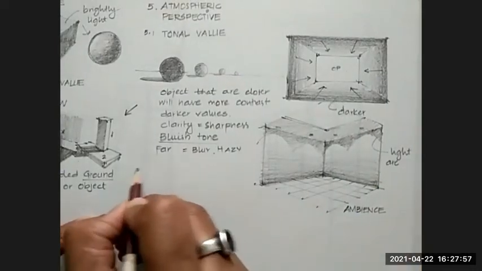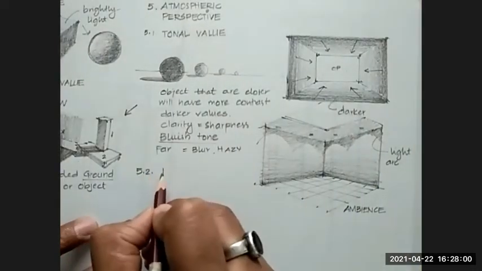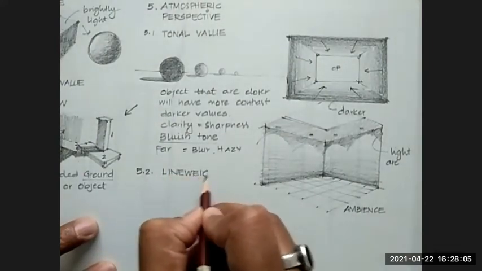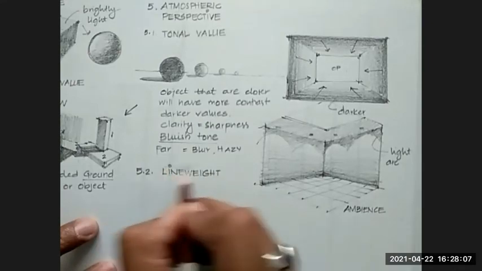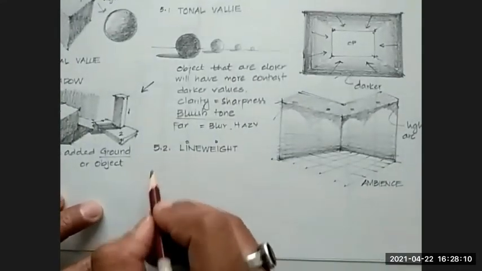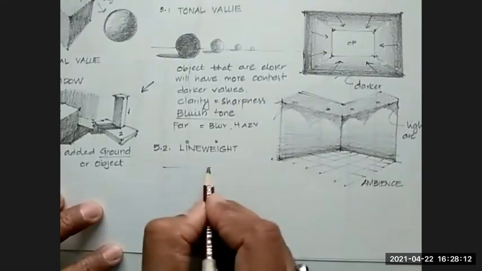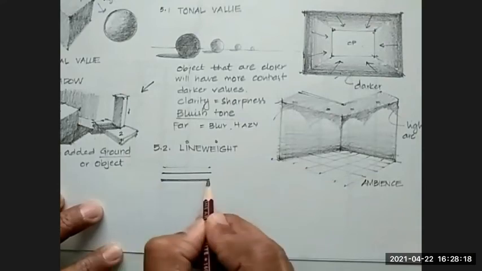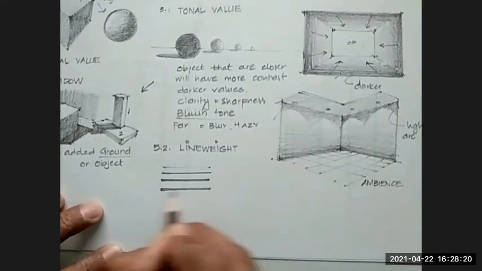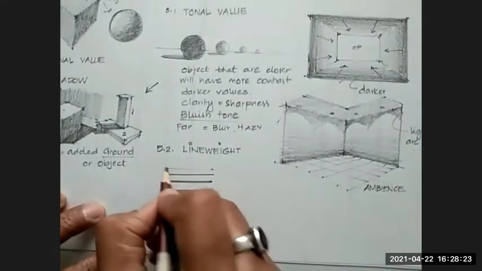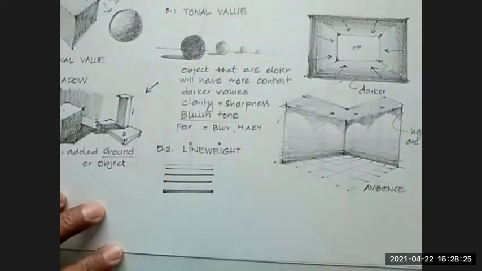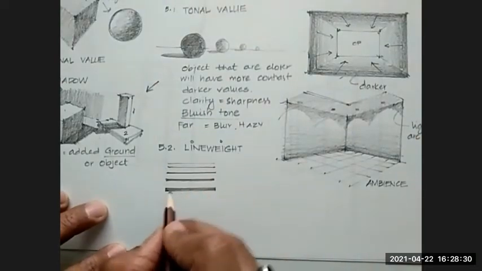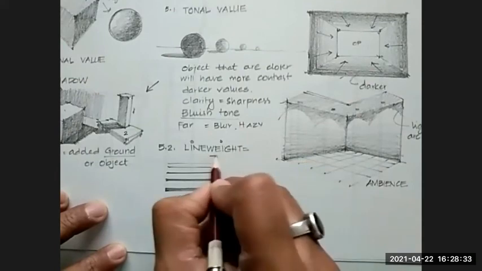Okay, inside this, 5.2 is about line weight, and it is all connected to the idea of tonal value. So line weight is about thin lines, thick lines, thicker lines, thickest lines. It is not about shade. Line weight equals thickness.